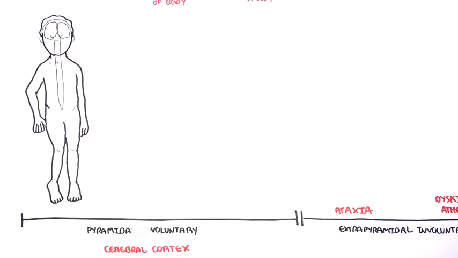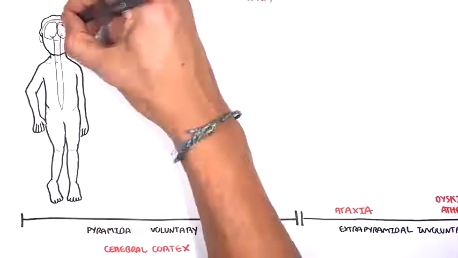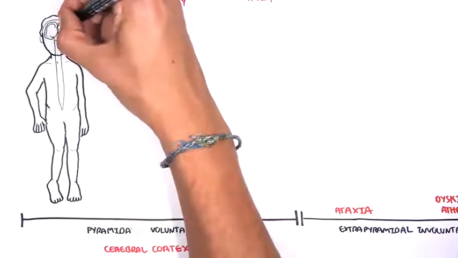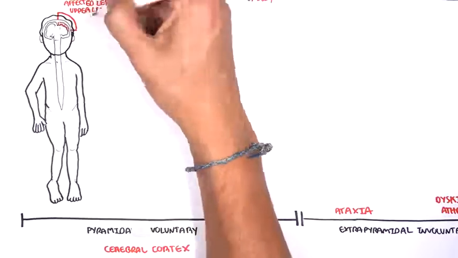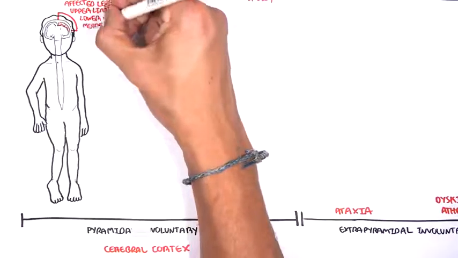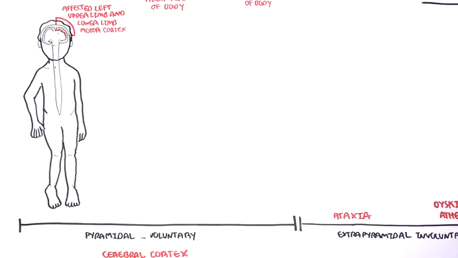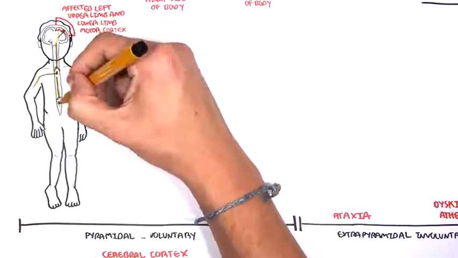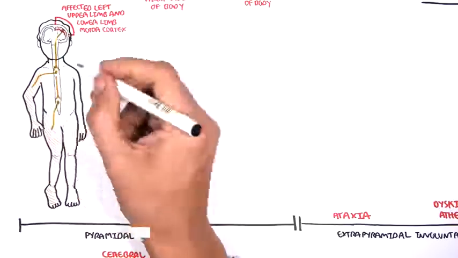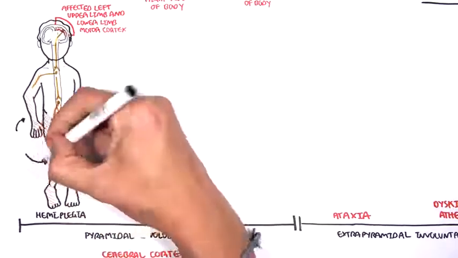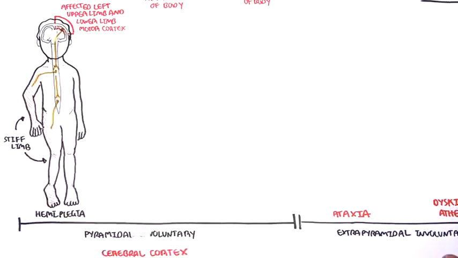So, for example, here the affected regions of the motor cortex is the left upper limb and the lower limb regions, which means that the right upper limb and the right lower limb are affected. Therefore, this person will have stiff limbs on the right side, and there's also increased tone here as well. Because half of the body on one side is affected, this is called hemiplegia.